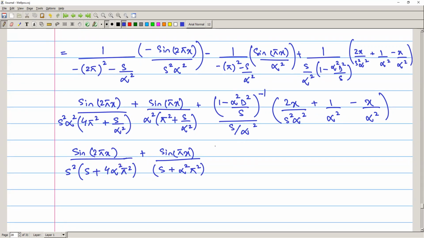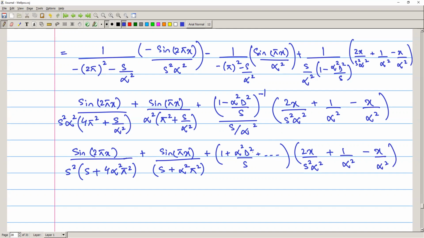And now this is a binomial expansion. So it's in this way: 1 plus alpha squared D squared over s plus dot dot dot, like this, right?